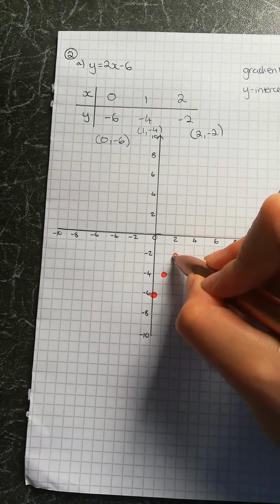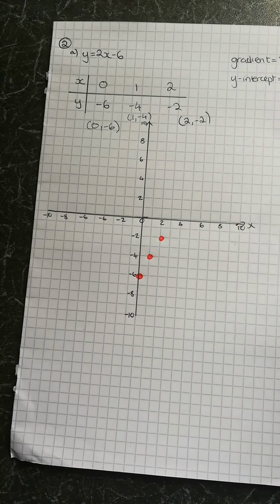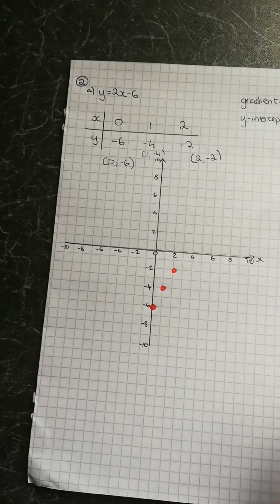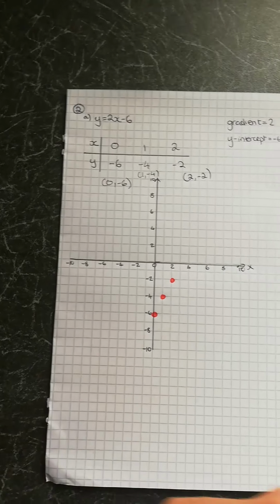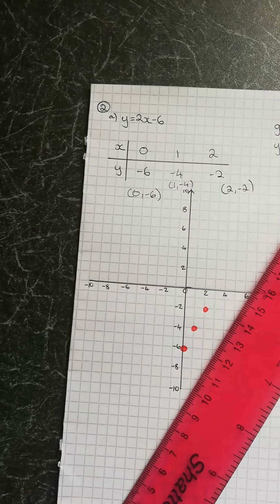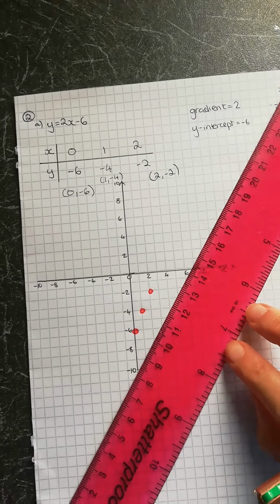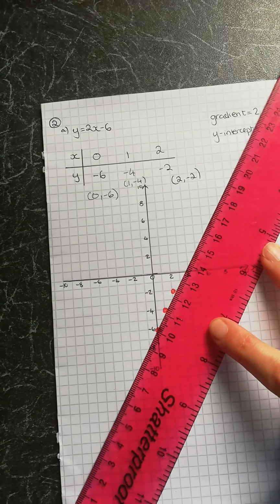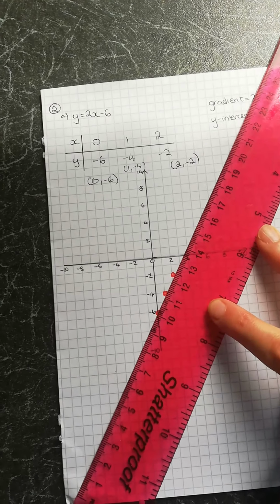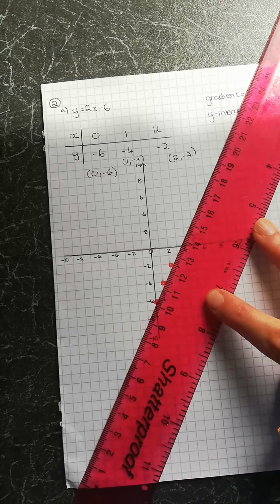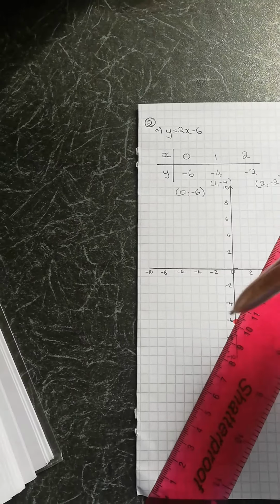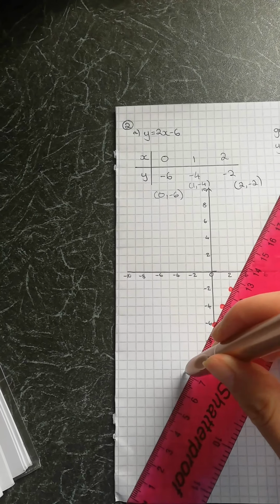Now, the reason we've picked 3 points rather than 2 is because if we've got one of these wrong, hopefully we'll notice. But as you can see here, and this is the bit that's hard to do with only one hand while I'm holding the phone with the other. Okay, if I use my ruler, and you don't need a ruler at home, just find anything that's got a straight edge, you'll be able to do this. You can see that they all line up nicely. Okay, and so we're going to draw our straight line, and this is going to be very interesting.